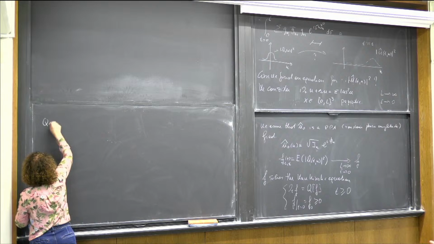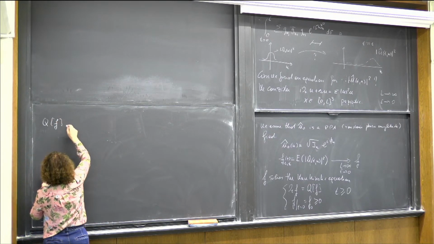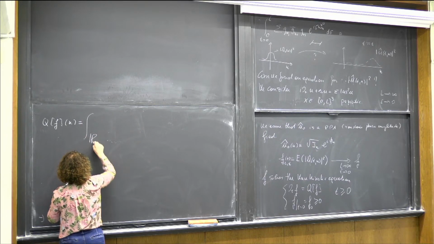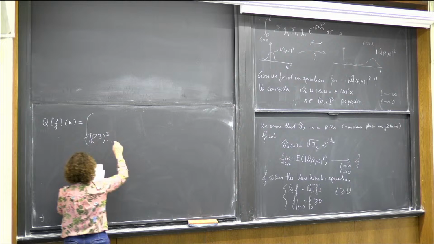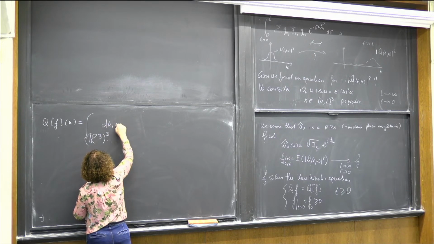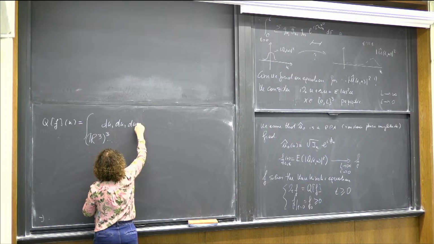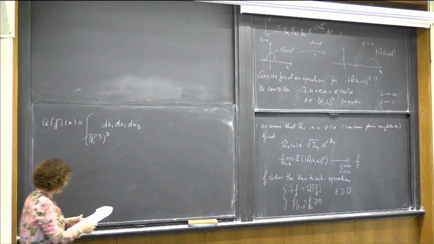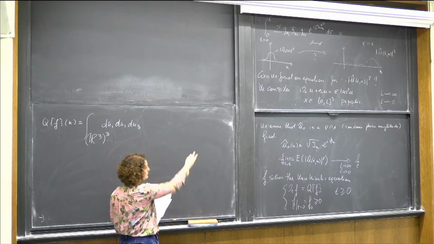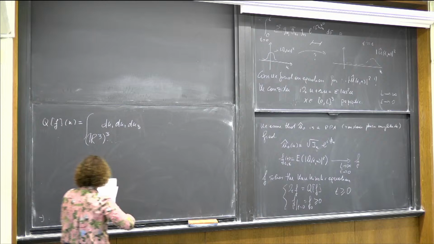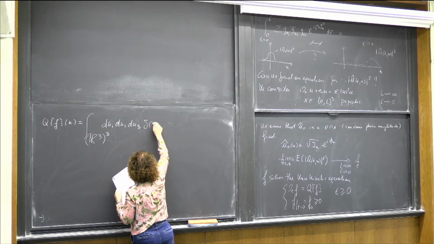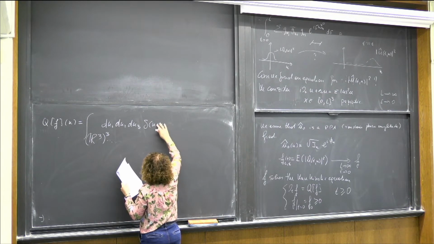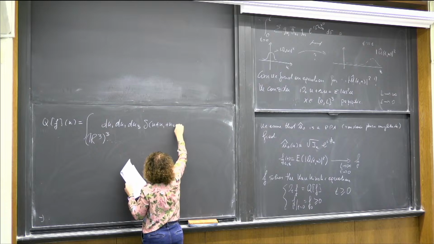So Q is the integral, and I'm in dimension 3, as I mentioned, so dk1, dk2, dk3. These are no longer discrete; they are now in the continuum, although I'm using the same notation in order to connect. Then delta of k minus k1 plus k2 minus k3.